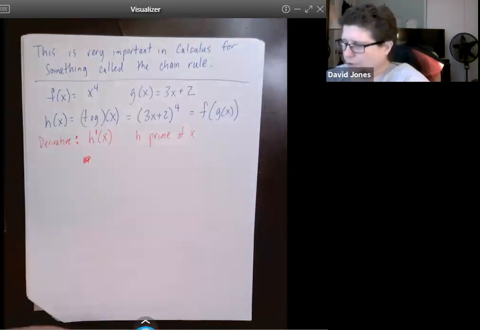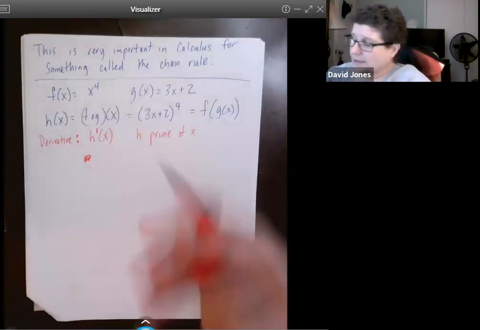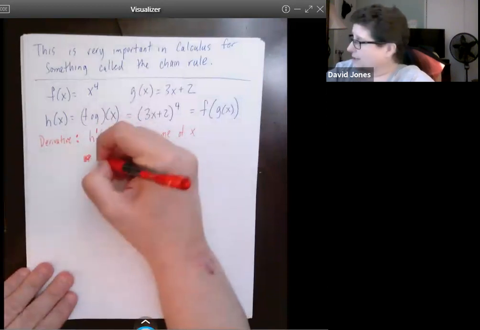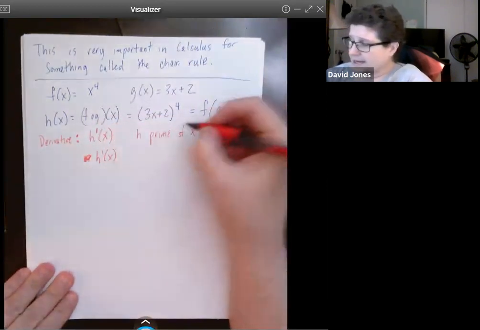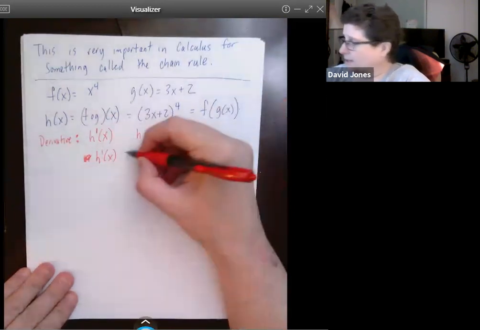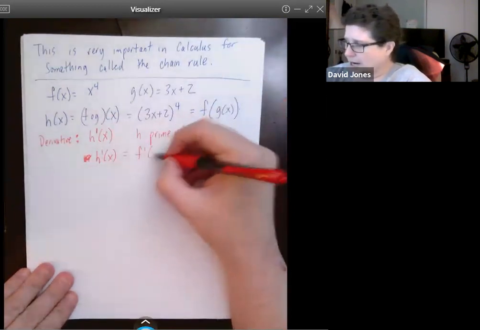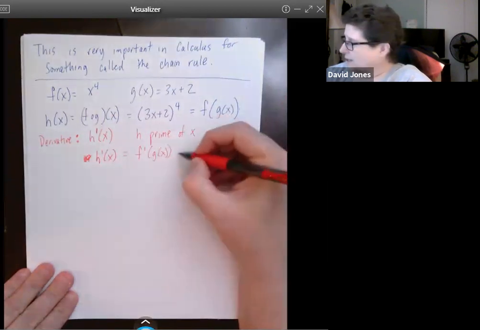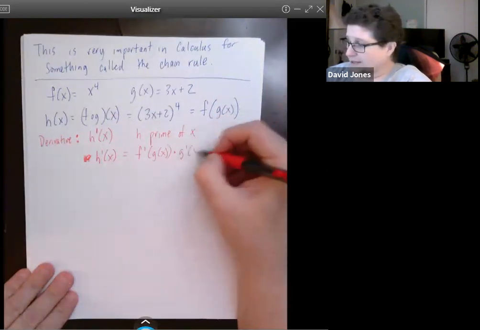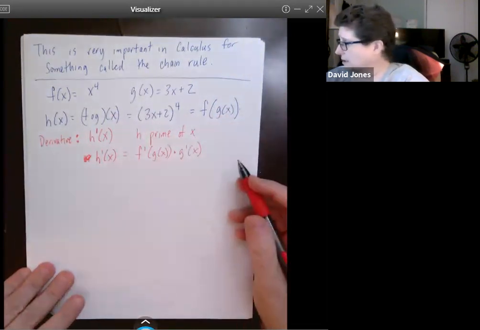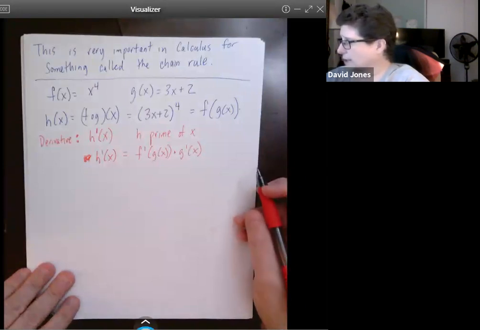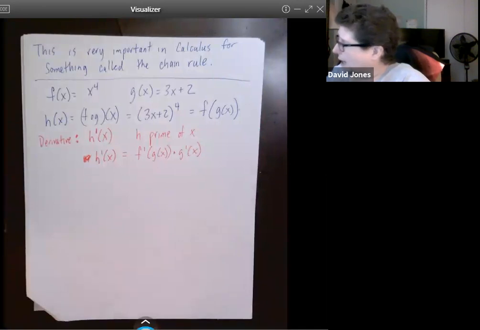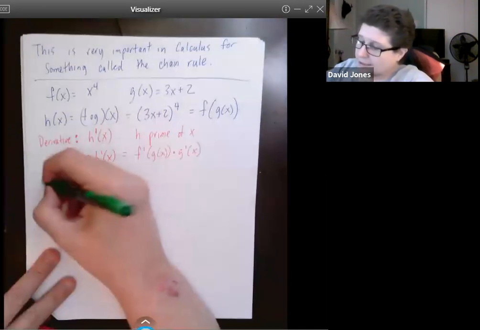The chain rule ends up doing this: h prime of x, since h of x equals that, is going to be f prime of g of x times g prime of x. Okay? Important to note, you're not being tested on this.